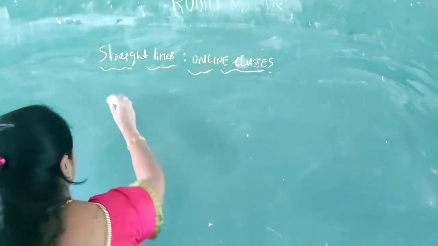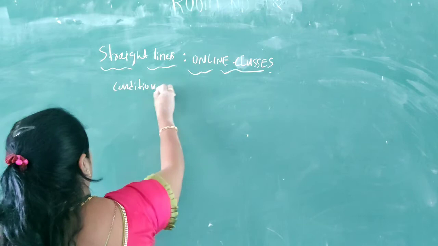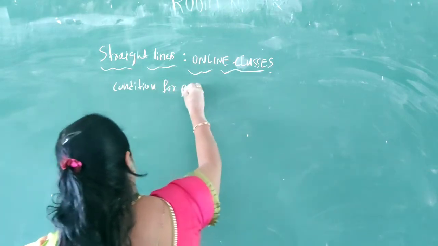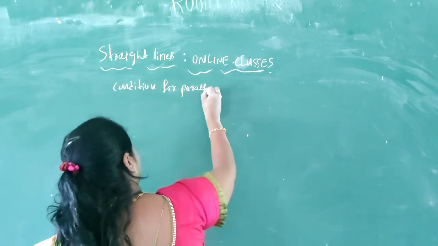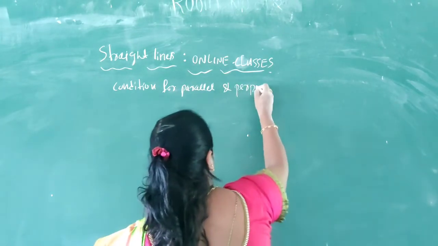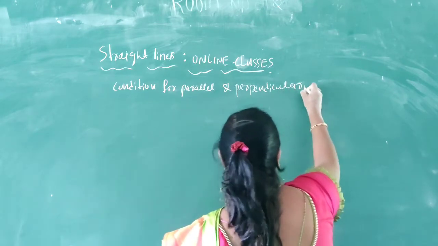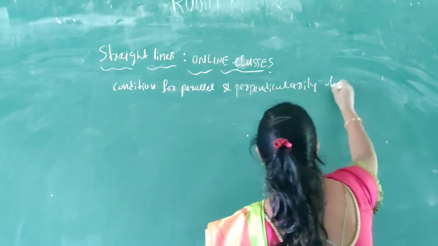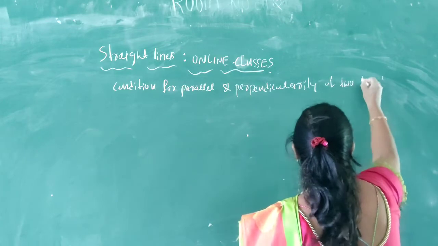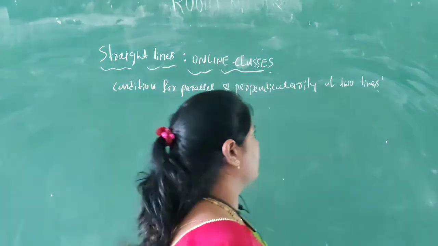Next one, condition for parallel and perpendicularity of two lines. Okay. Next we are going to discuss about this.